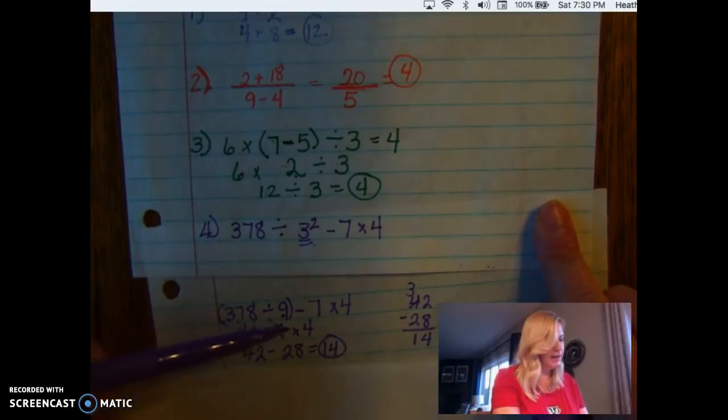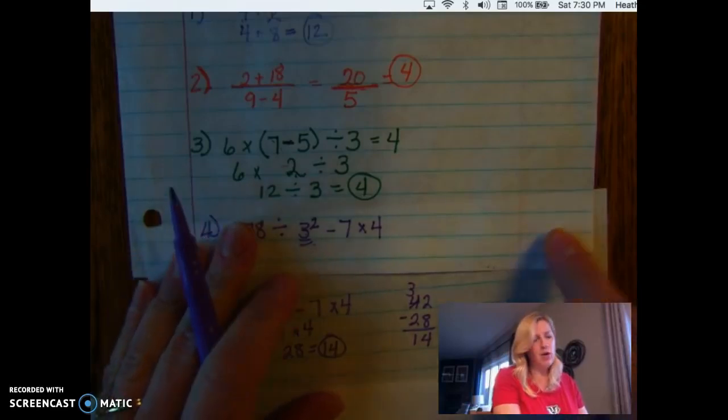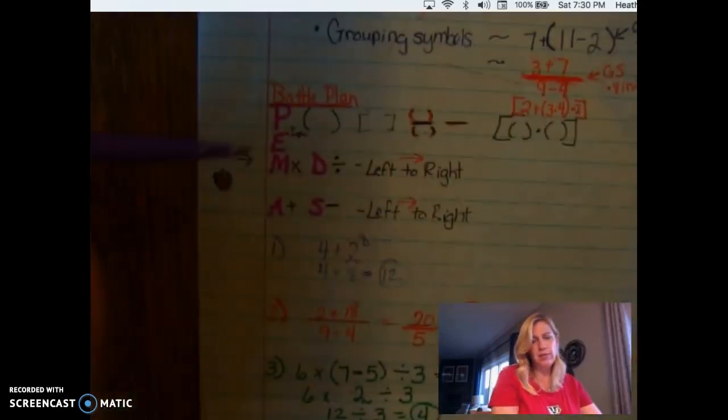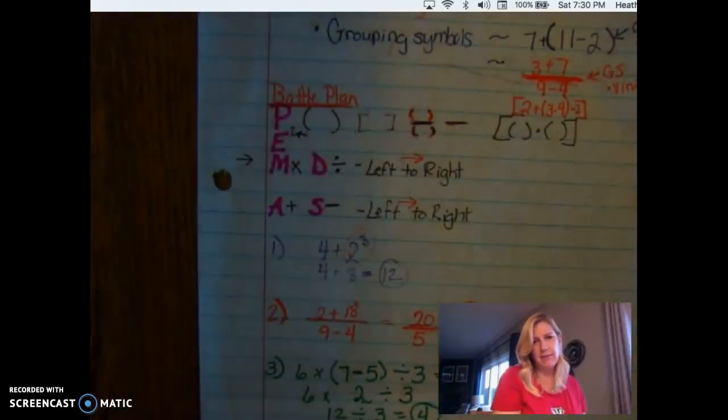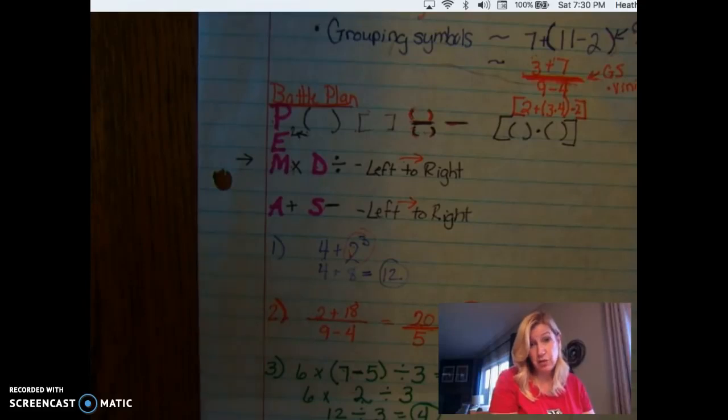Did you accidentally move to a subtraction before you did the multiplication? Always go back and read through your math battle plan. All the numbers know this is how you're going to attack them. And when you're going to attack numbers, you need to do it in the right way or they will win the battle. And we want you to win the battle.